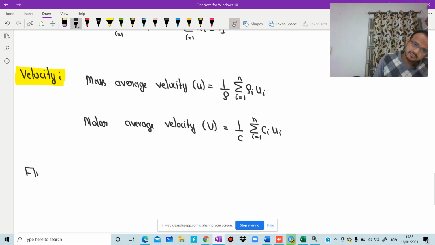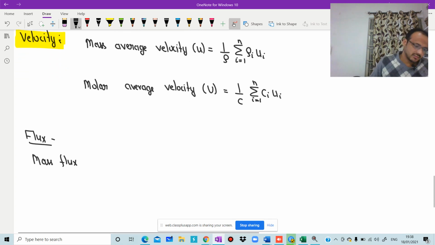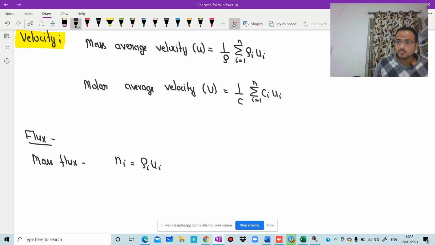Next is flux. We have three types of flux, three in mass and three in molar. Mass flux: first one is Ni is equal to rho i into ui. This Ni is relative to a stationary observer.